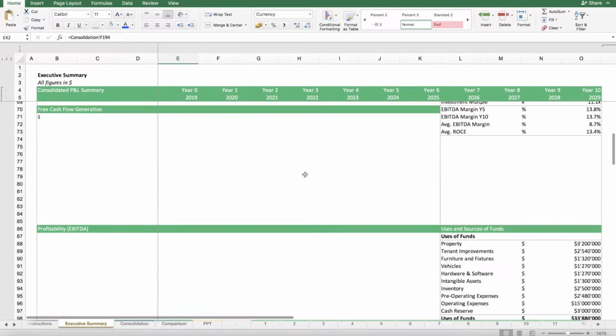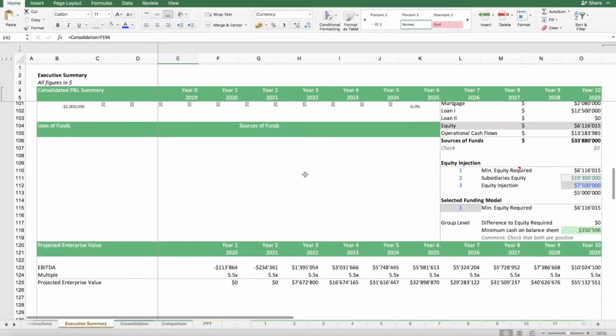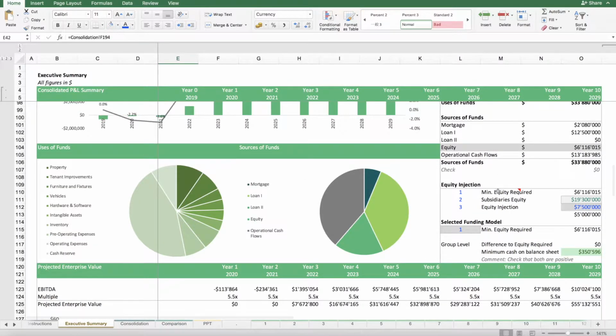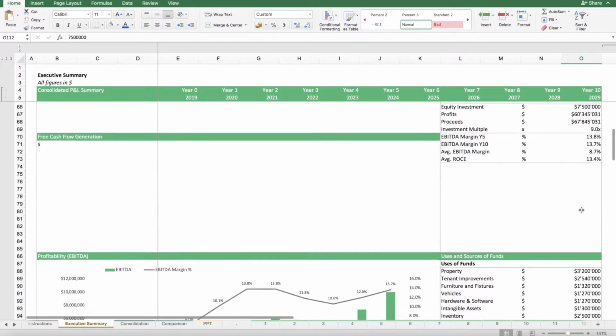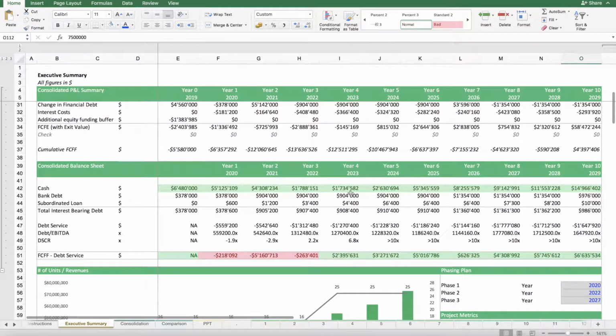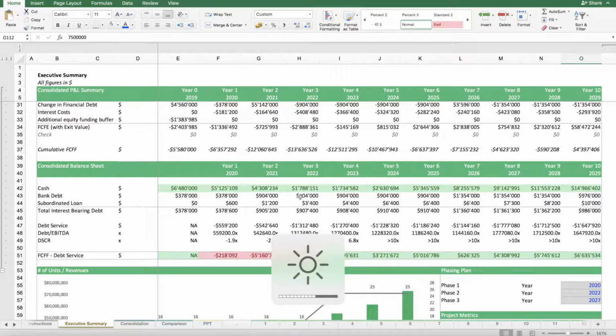So in this case, what is recommended is, instead of just going with the bare minimum, to go with a figure of your own and add a bit of buffer in here. So this means that there is a bit more buffer available if something goes wrong.